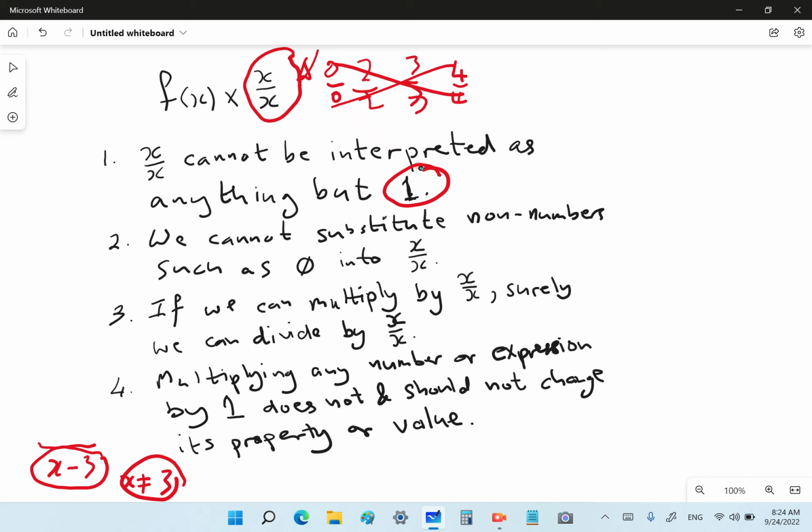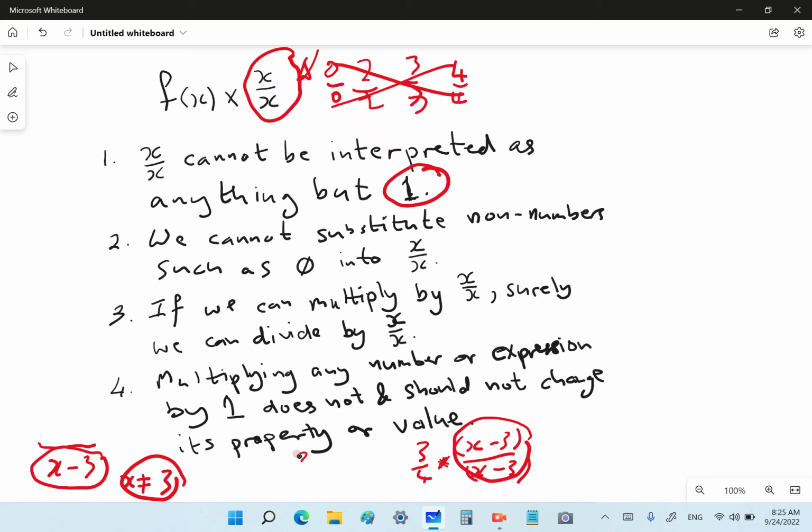Finally, if we multiply any number or expression by 1, it cannot and should not change its property or value. So if we multiply 3/4 by x minus 3 over x minus 3, this multiplication cannot change the value of this fraction.